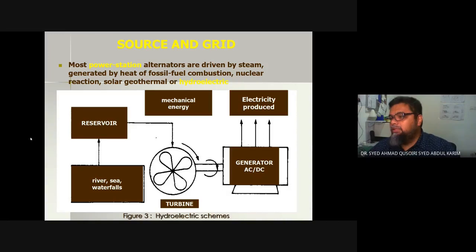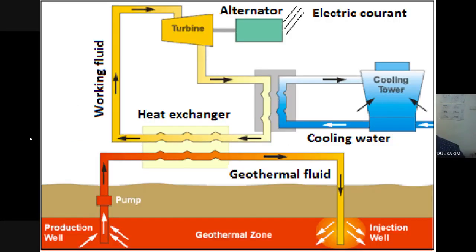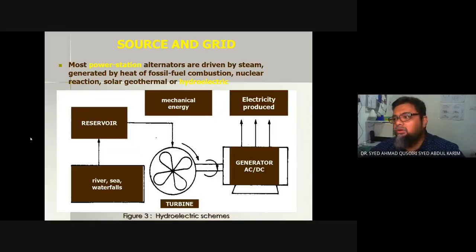And also there's a new type of source for generating steam, which is solar or geothermal. So we use the power of the sun to heat up water, which generates steam. Or we can use geothermal. However, the use of geothermal methods would limit the size of your alternator.